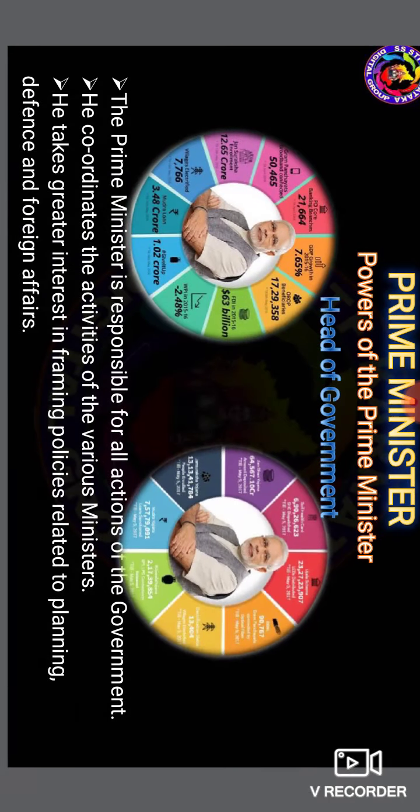And the next power: he is the head of the government. The Prime Minister is responsible for all the actions of the government and coordinates the activities of the various ministries.